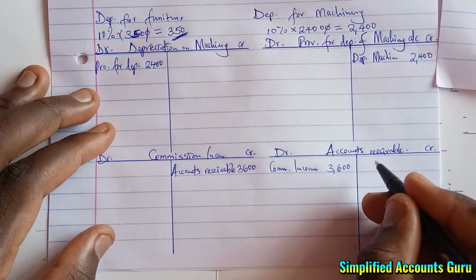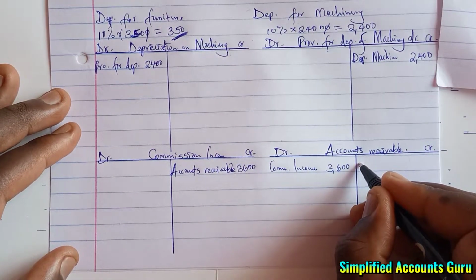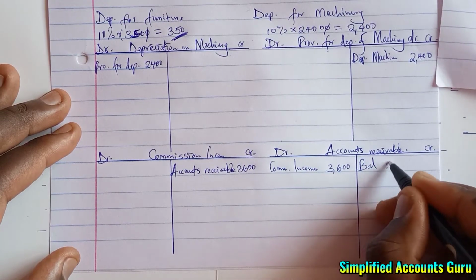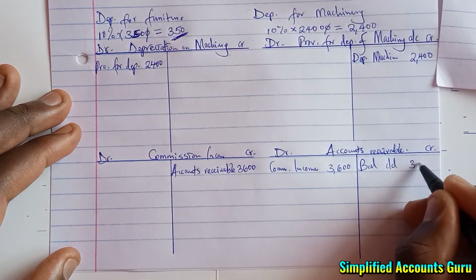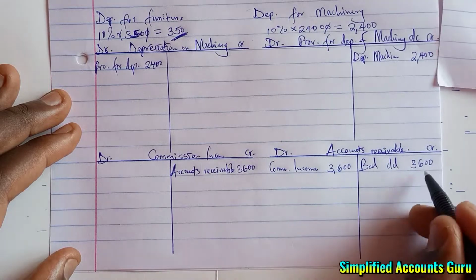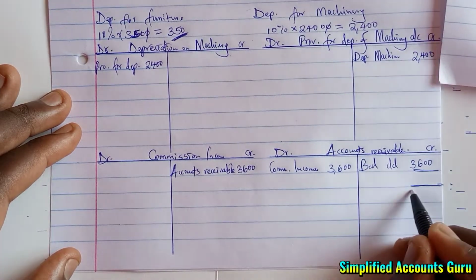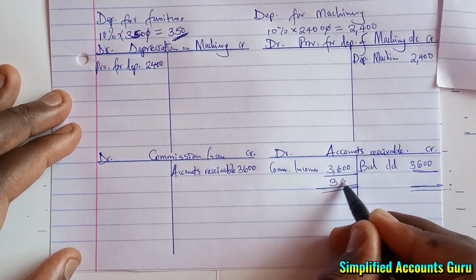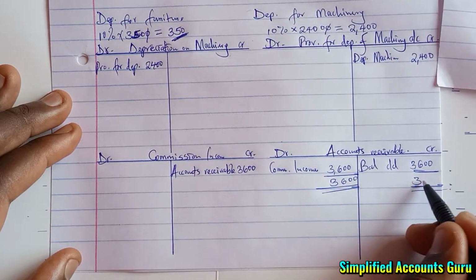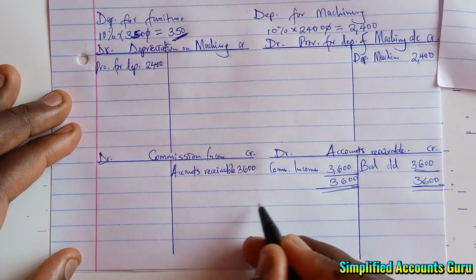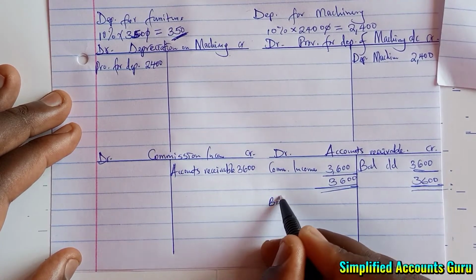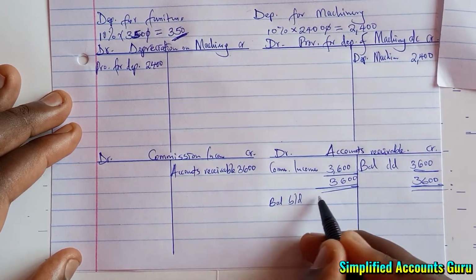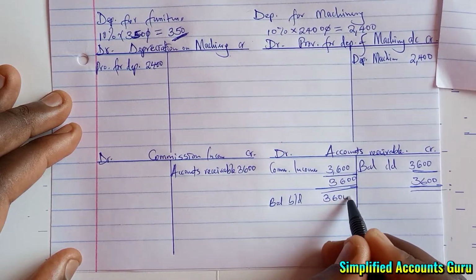So we can start by closing this one and say balance carried down 3,600. Then here we'll say balance brought down, which is also 3,600.